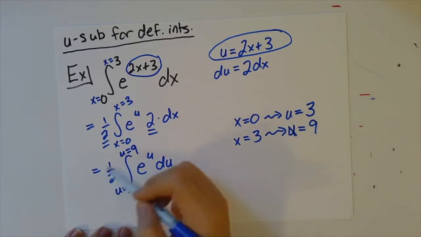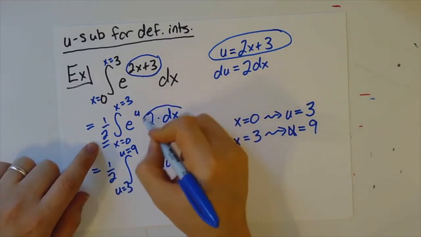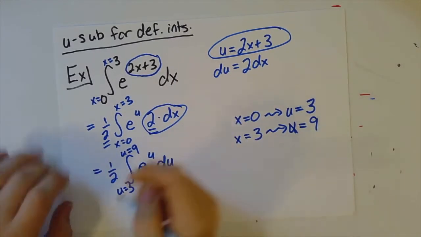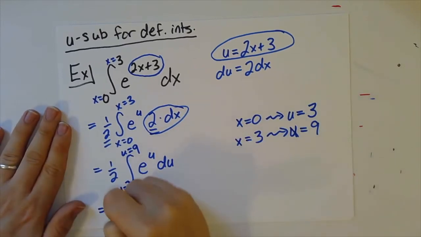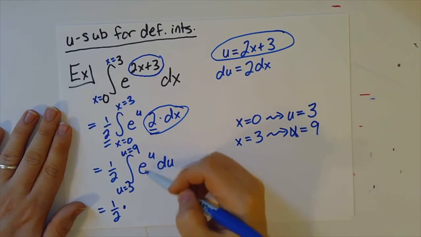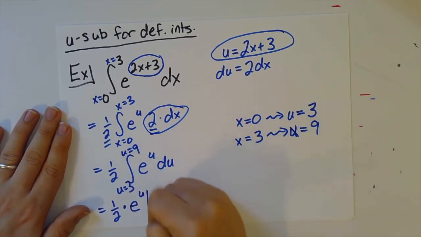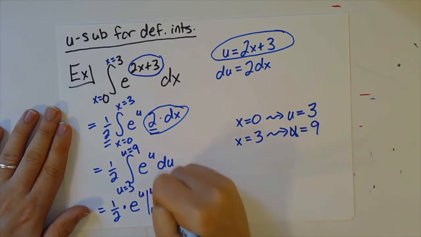And this 1/2 is hanging out front from our arranging for there to be a 2 in front of the dx. Okay, so this is now 1/2 times, and so now I take the antiderivative of e to the u, which remember is e to the u, evaluated as u goes from 3 to u equals 9.